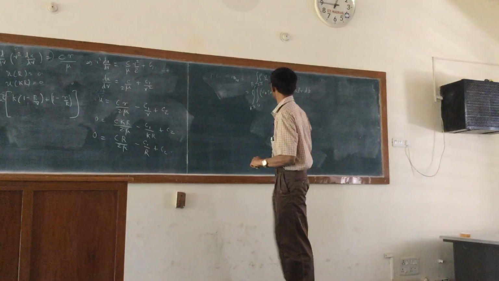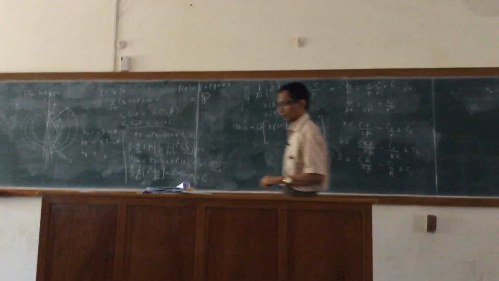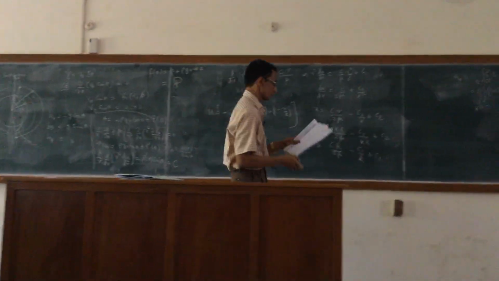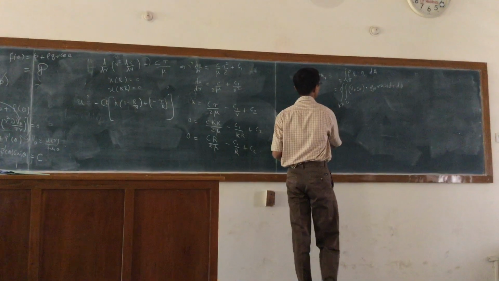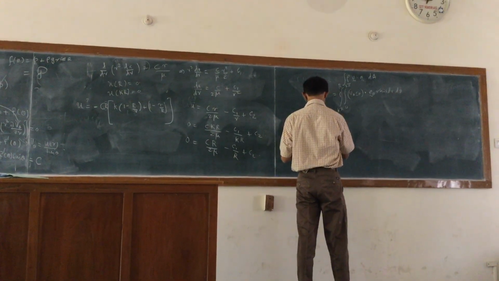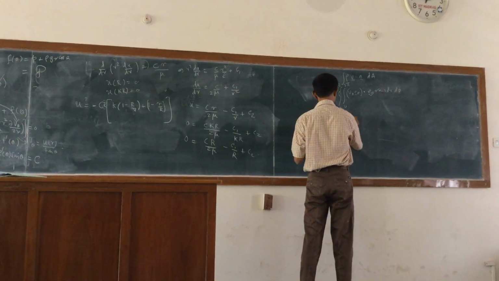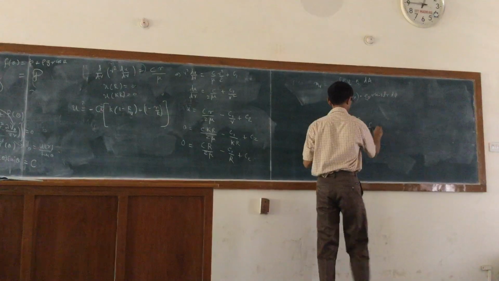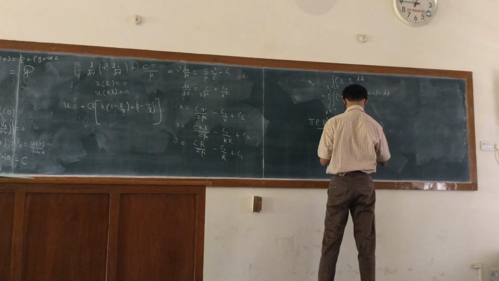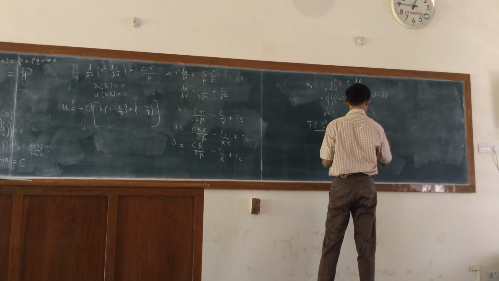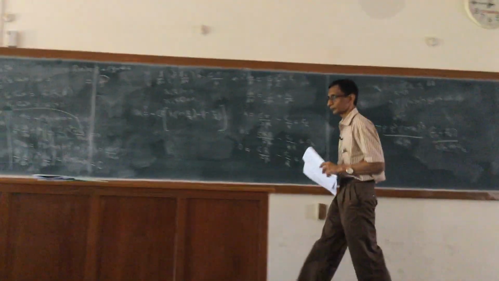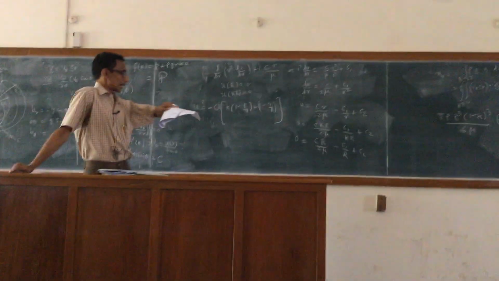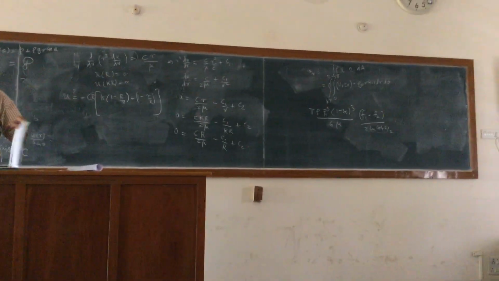So you can easily get the final result. The answer is pi rho. You do the integral and get the result. That is the final result.